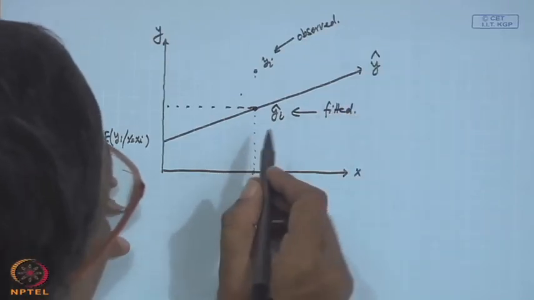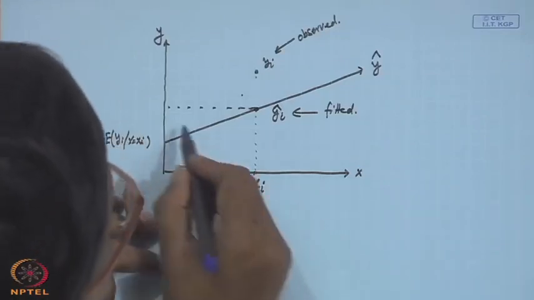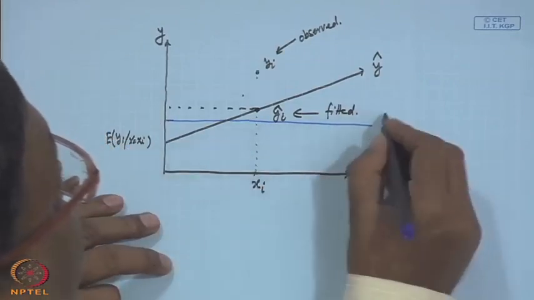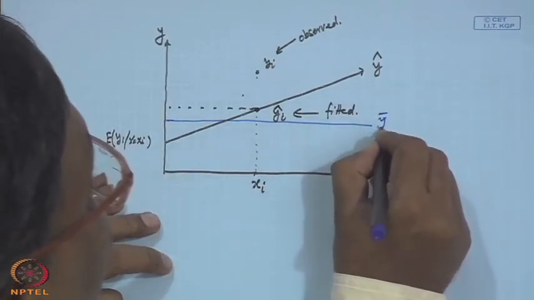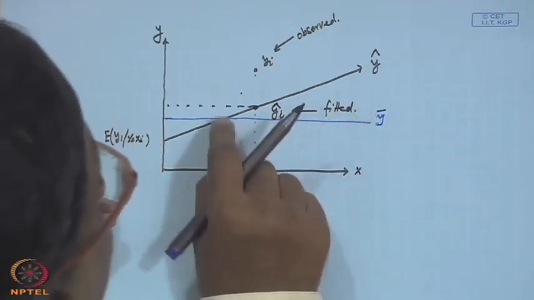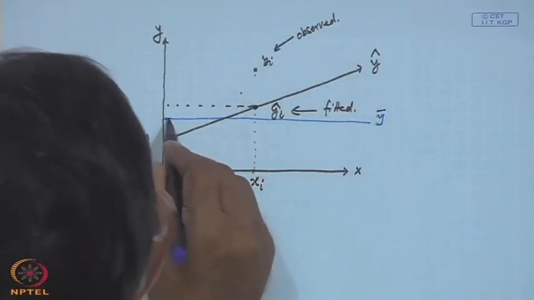Let us also define the average. Let the average of y be here. Actually, it can be a little higher, but just assume it is here.